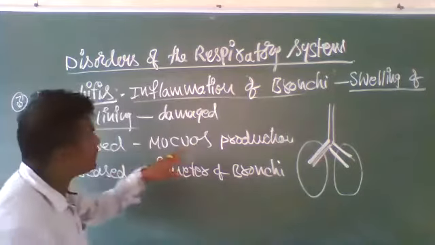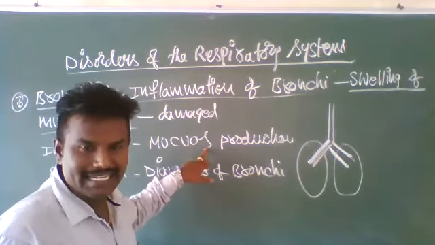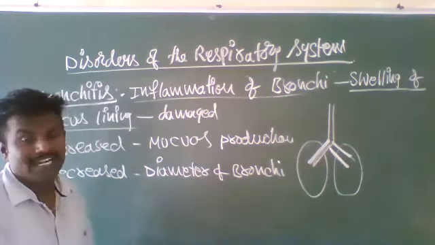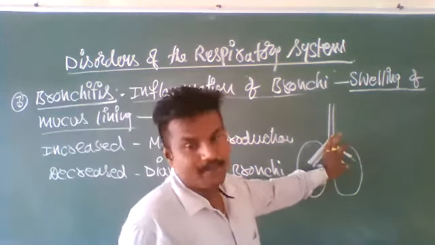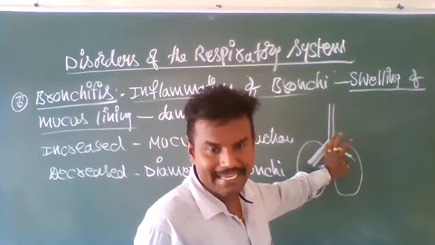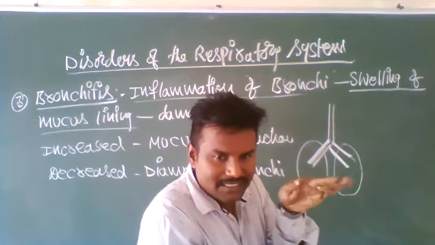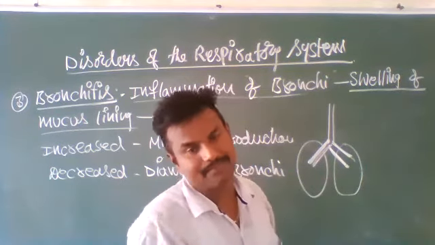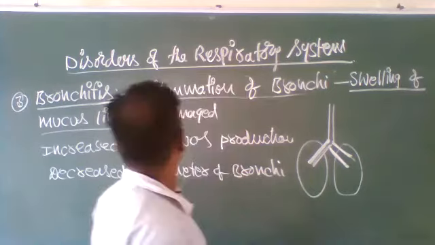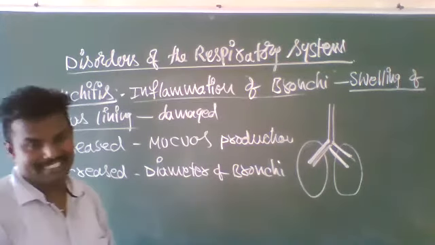So first one is increased mucus. Green thread-like mucus is increased, and the diameter of the bronchi decreases. Its length gradually contracts and shrinks. So this is the bronchitis disorder.